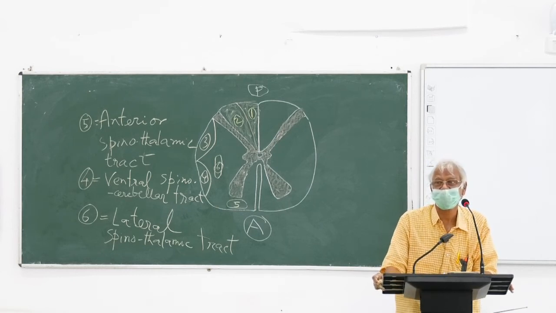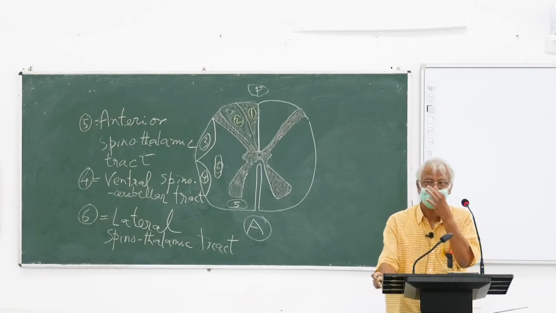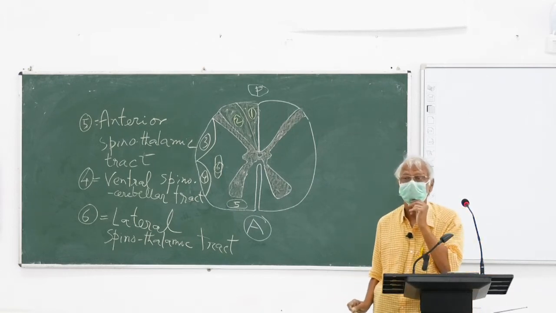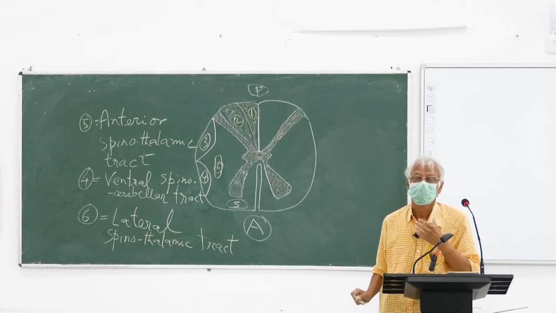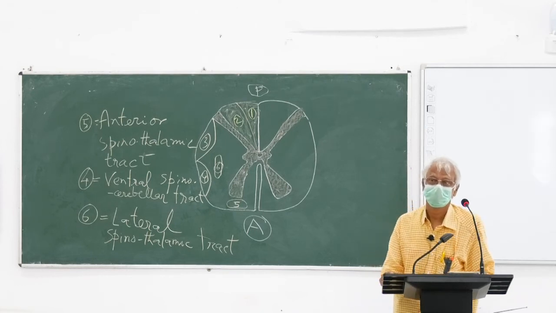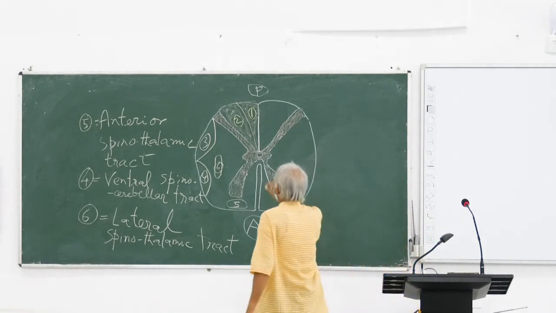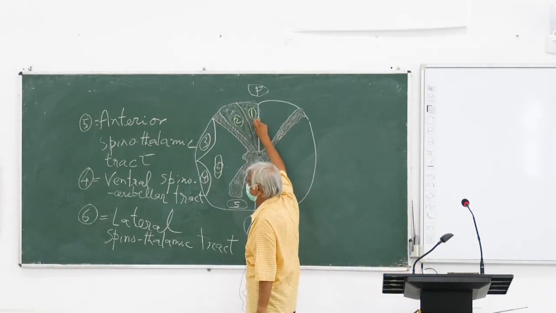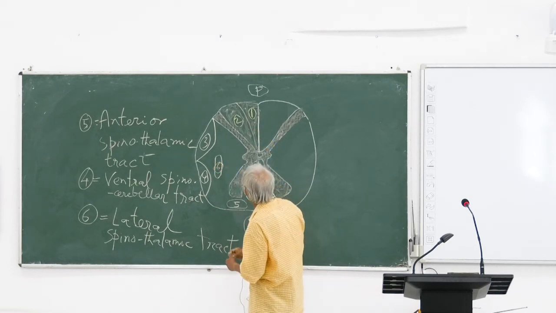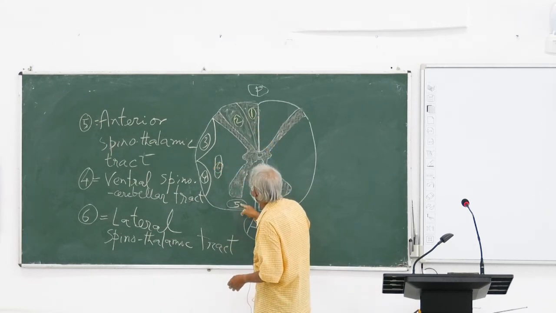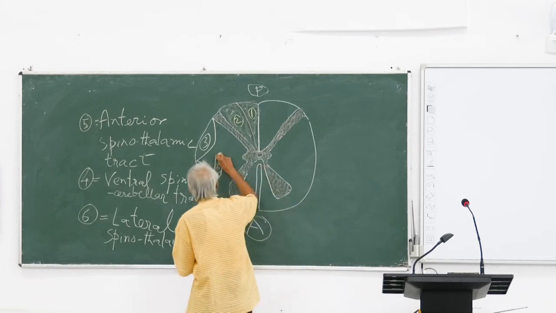Now what is the function of each tract? All the spinothalamic tracts carry sensation, whether it is the posterior spinothalamic tract or the lateral spinothalamic tract or the anterior spinothalamic tract.